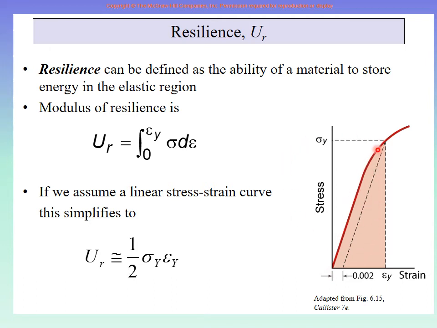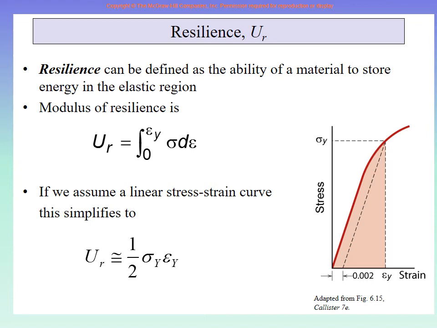So if it is a slight curve, then you do the sigma d epsilon integral from 0 to epsilon y. But if it is a straight line region, then it is simply half sigma y into epsilon y. So this area under the curve in the elastic region is very critical.